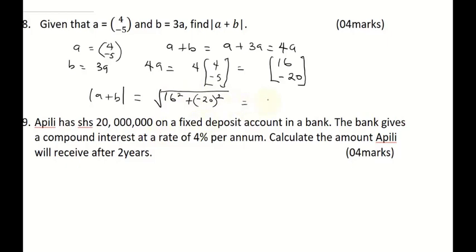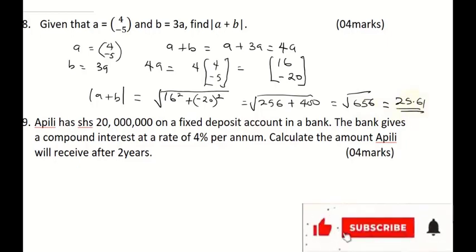So 16 squared is going to give us 256, plus 20 squared is going to be 400. When you sum these two numbers up, you're going to get 656. And the square root of 656 is going to give you 25.61. So our final answer is 25.61.